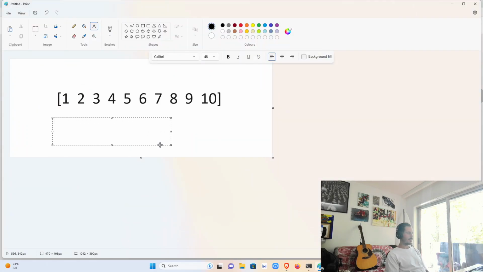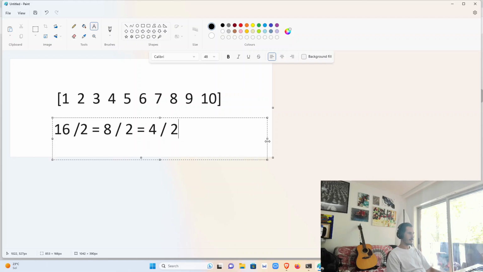So let's say you have the number 16 and you want to divide it by 2. 16 divided by 2 equals 8, which divided by 2 equals 4, which divided by 2 equals 2, which divided by 2 equals 1. So we can divide 16 four times.